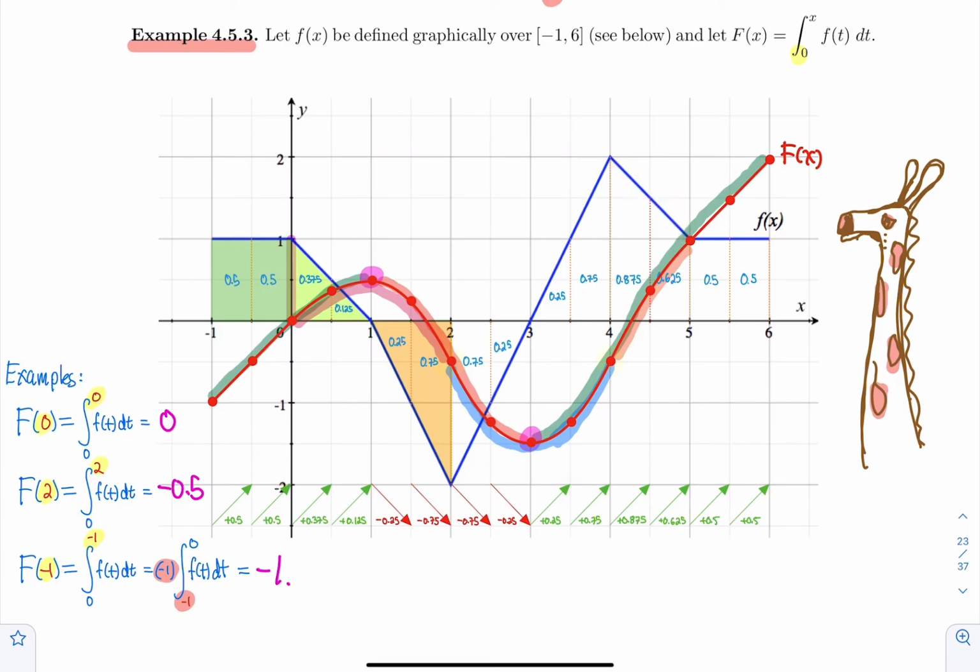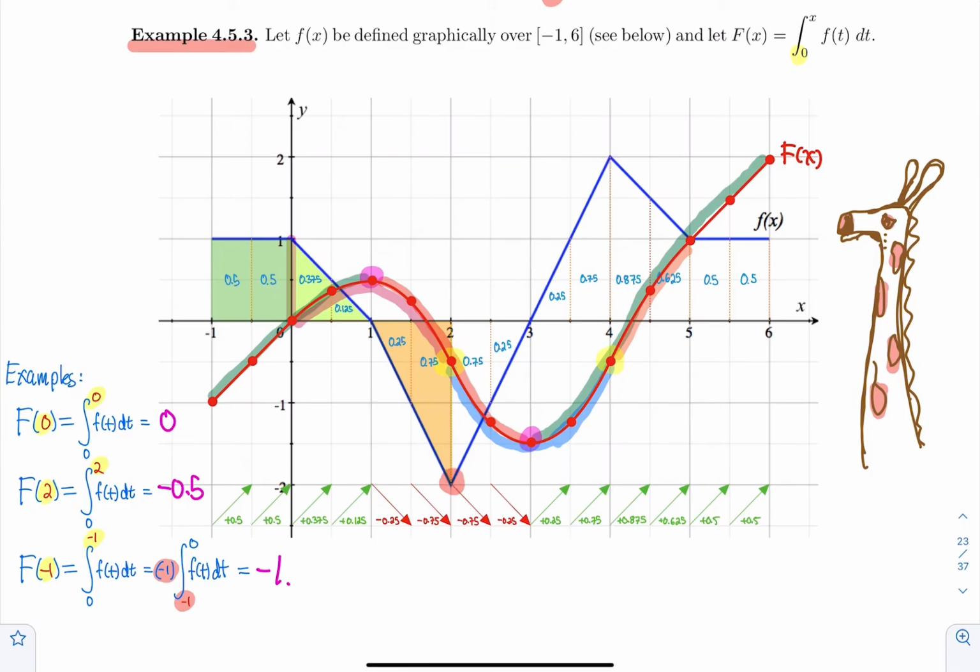And we have two inflection points, one at 2 and one at 4, and those correspond to a local minimum or local maximum. So we have a local minimum at 2 for small f, which corresponds to an inflection point for big F, and we have a local maximum at 4, which corresponds to an inflection point for big F.